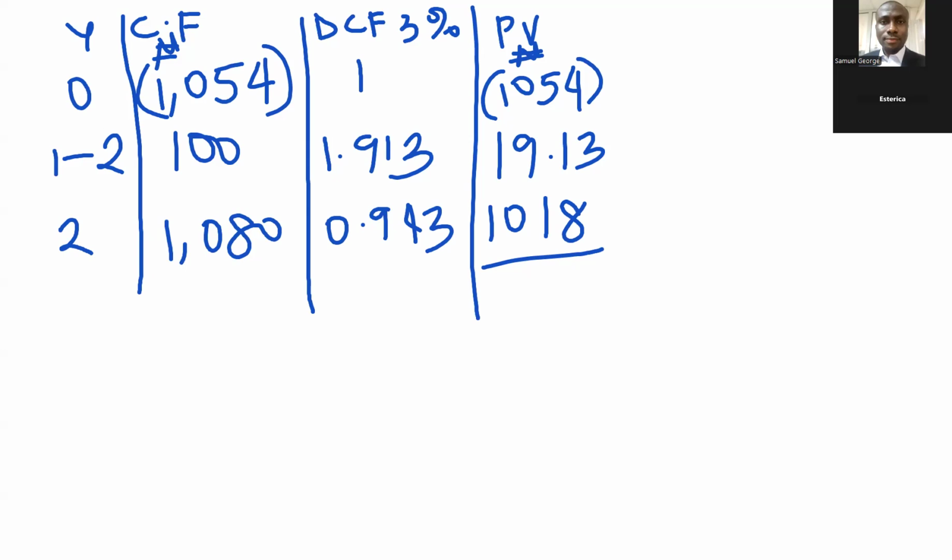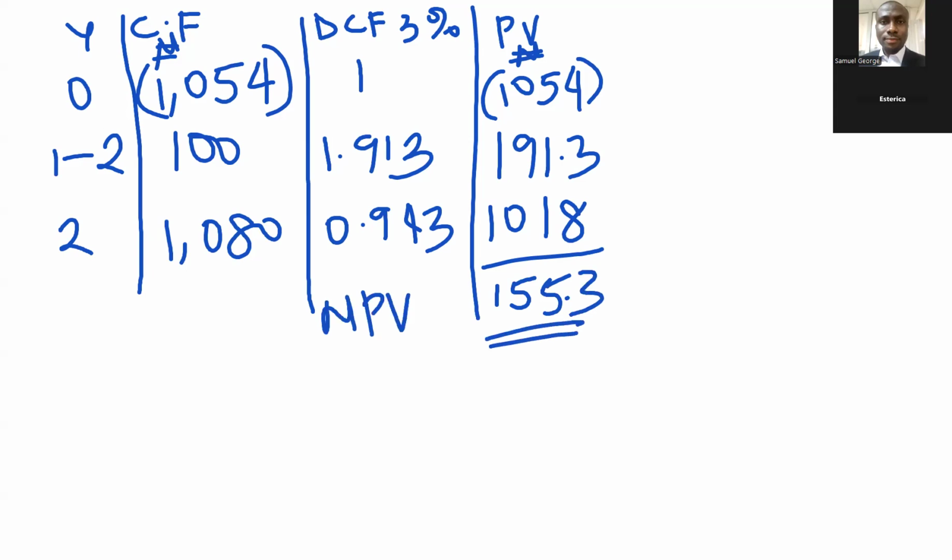I got 191.3. It is not 19.3. Sorry, 191.3. Okay, so 191.3 plus 1018 minus 1054. I got 155.3 as the NPV. Okay, positive.